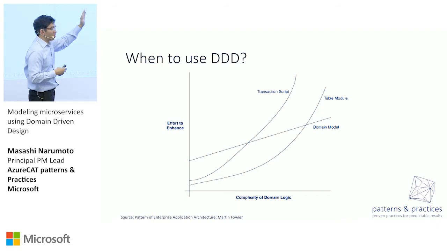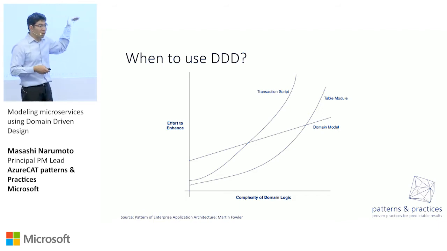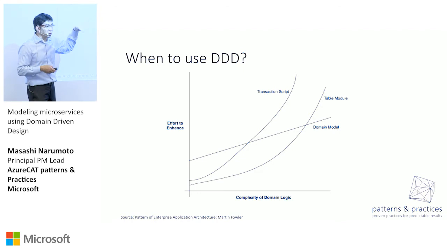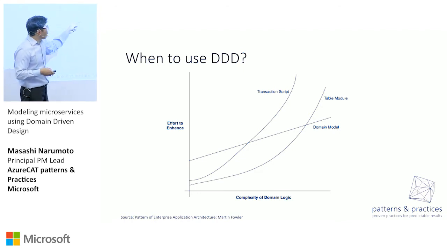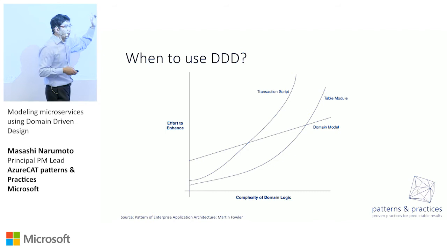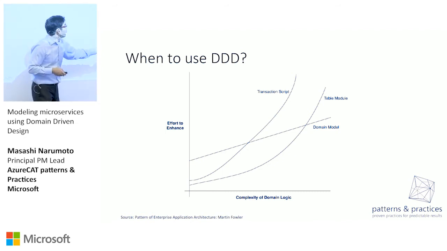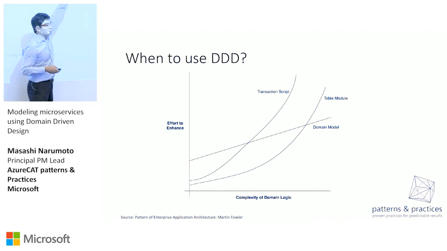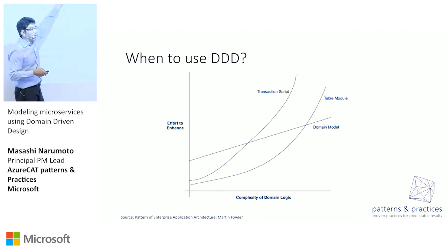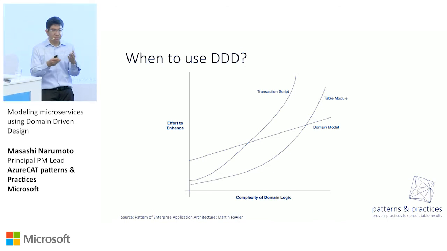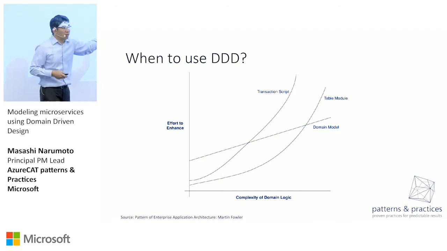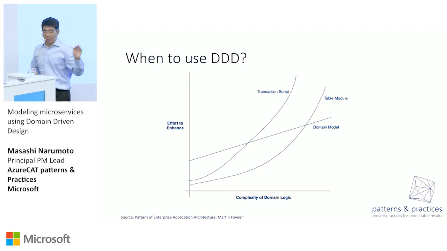DDD is a domain-centric approach, right? Business modeling, and start from there. And DDD gives you the most benefit when the domain is complex, like this point, right? Until this point, it gives you overhead. Like for simple domains, let's use ASP.NET, start scripting it, right? With some sort of database behind, that's fine. But if you go beyond some complexity, DDD starts giving you a lot of benefit.